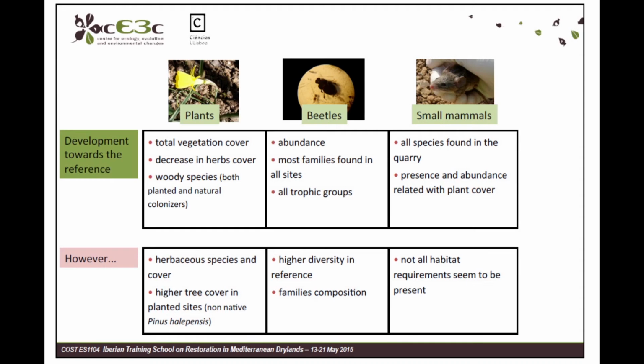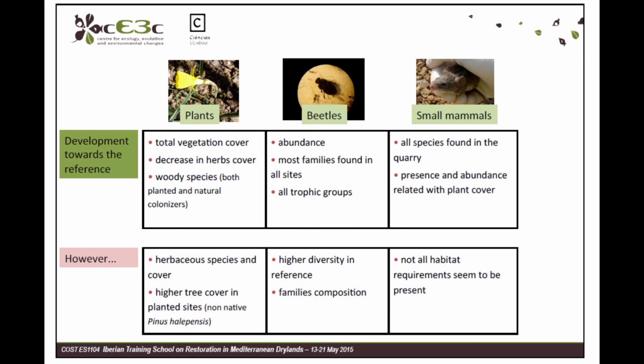Beetles, the abundance is also increasing, and its number is similar to the reference site in the older site. Most families were found in all sites, and all trophic groups were present. Concerning the small mammals, all species were found in the quarry, and their presence and abundance were related with plant cover.